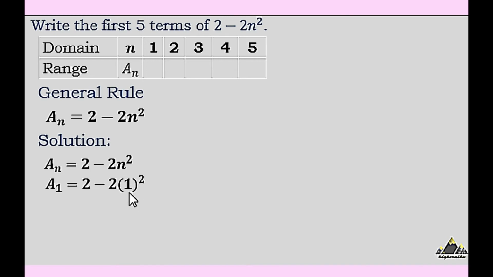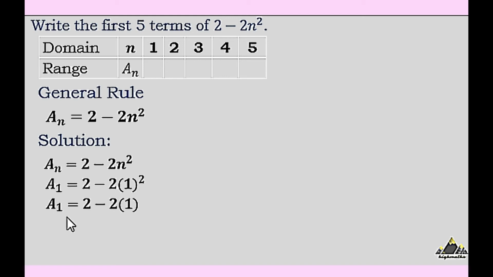So that means if we substitute 1 to our variable n, 1 has an exponent of 2. So we have a sub 1 equals 2 minus 2 times 1 squared. Solving further, 1 squared is just equal to 1. So we don't have any exponents on this line.